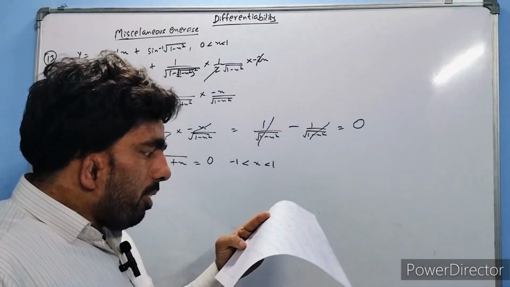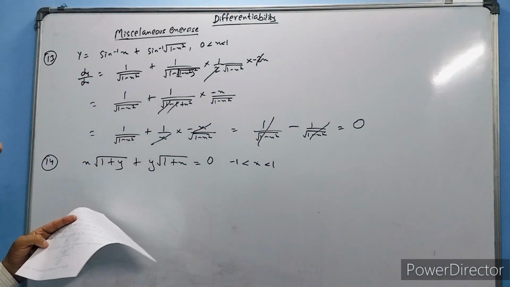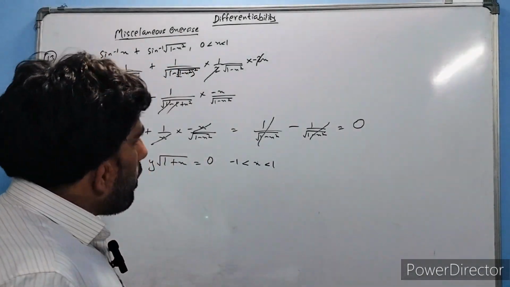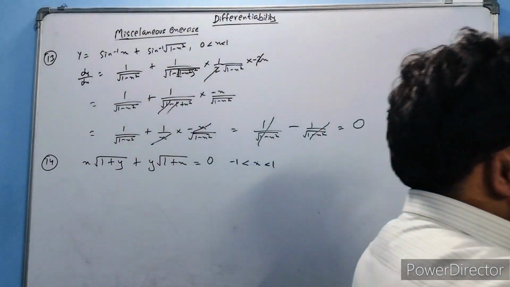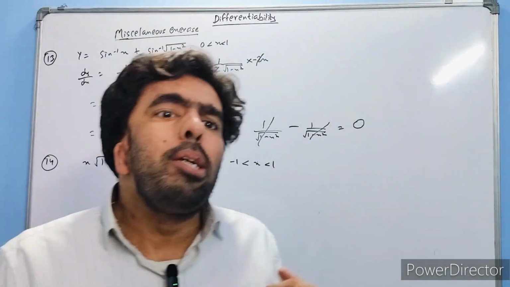We need to prove that dy upon dx is equal to minus 1 upon 1 plus x whole square. First we need to find dy upon dx, then we will see whether we are able to prove it.